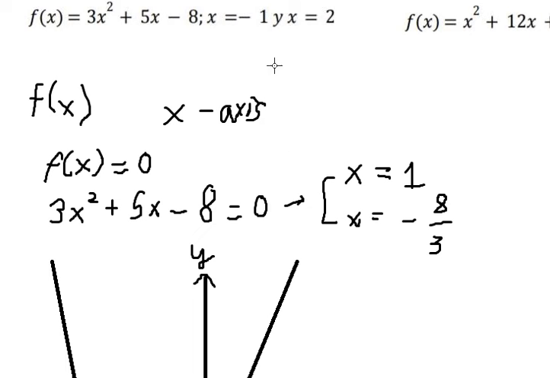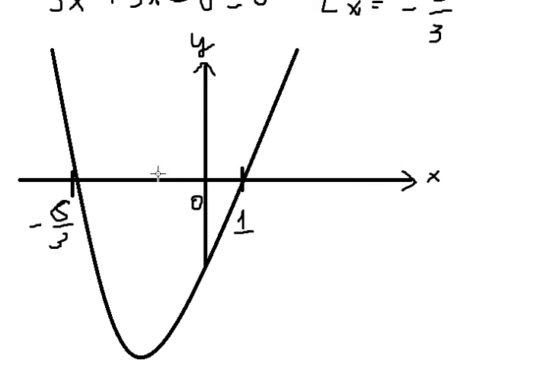Next, they want to find the area from negative 1 to positive 2. So negative 1 in here, positive 2 in here. So the area should be like this, and we need to find this area in here.